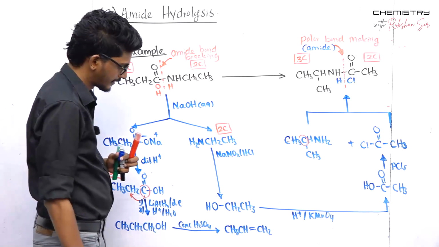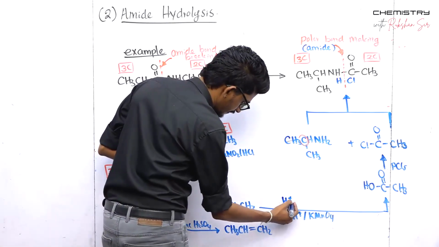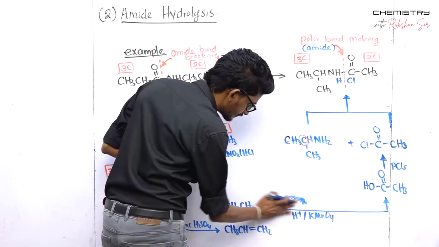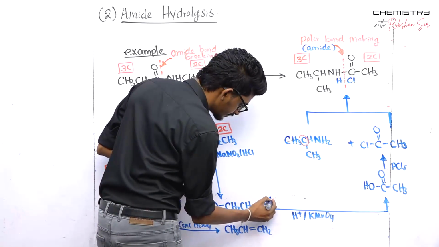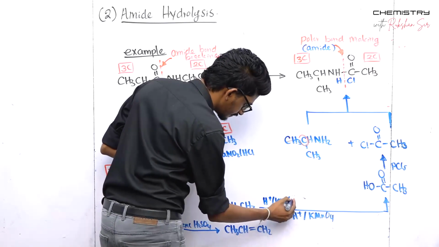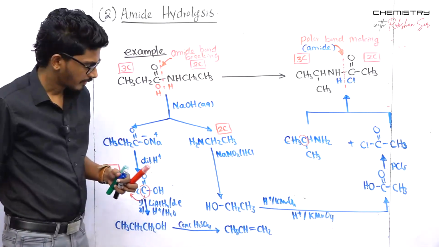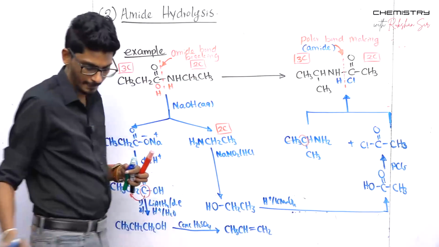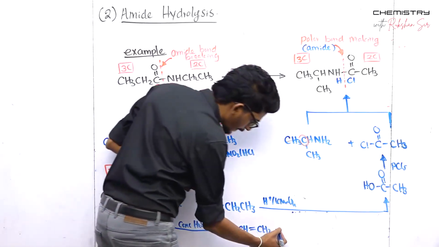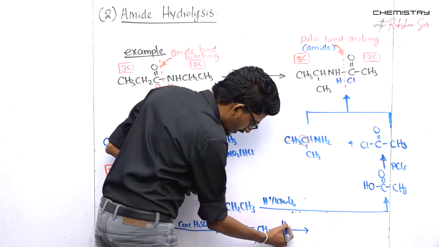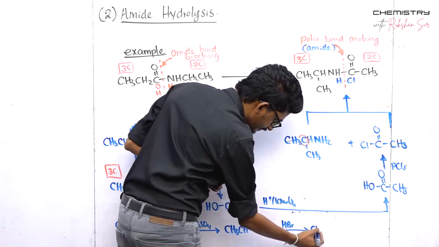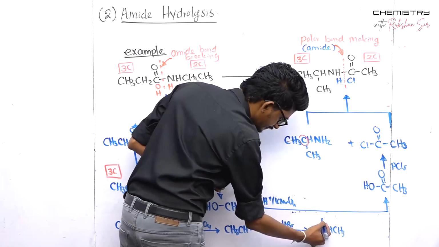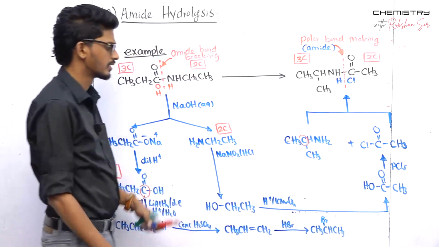Then I'll write this here, right? Then I'll bring the functional group to the center by adding some HBr. So that will bring the functional group to the center, right?